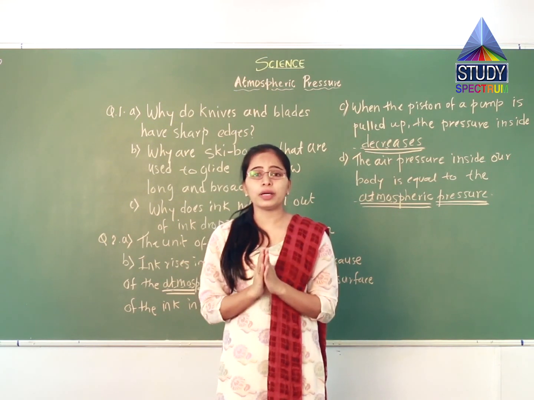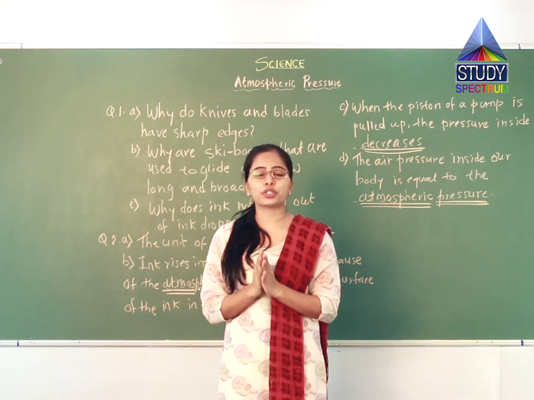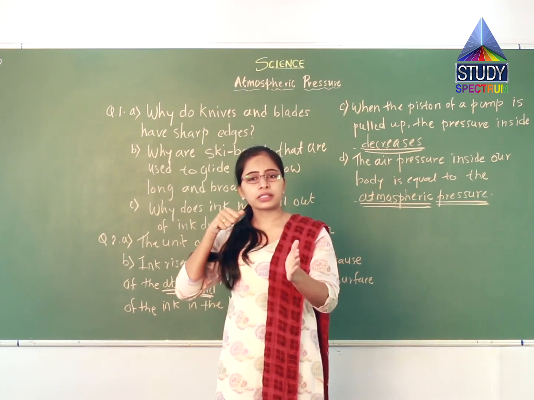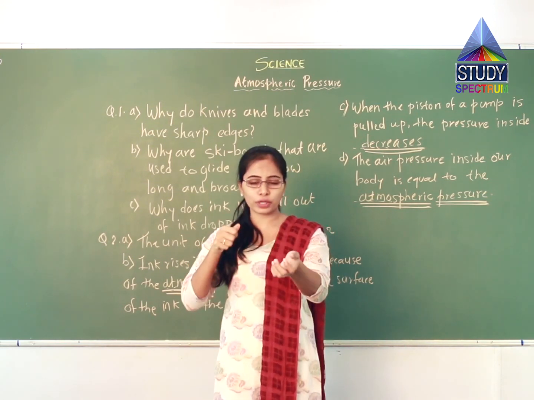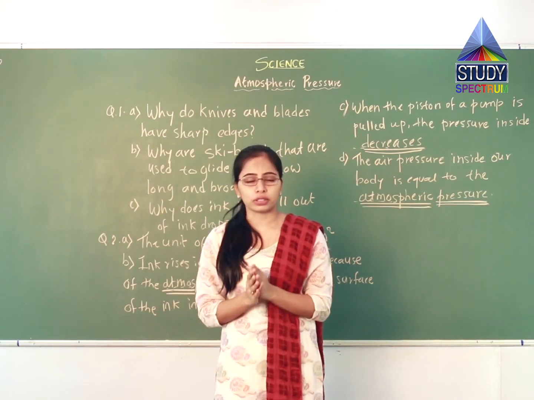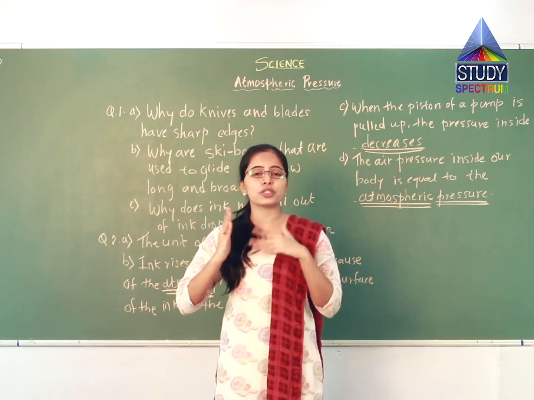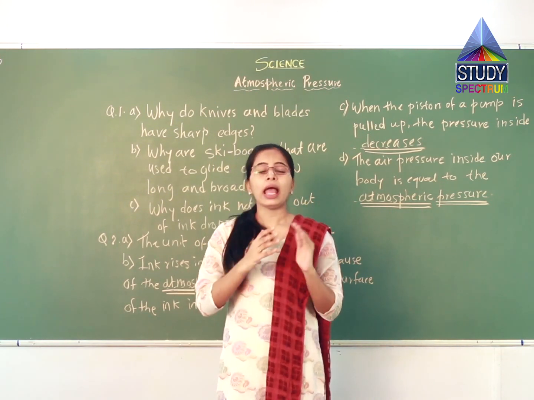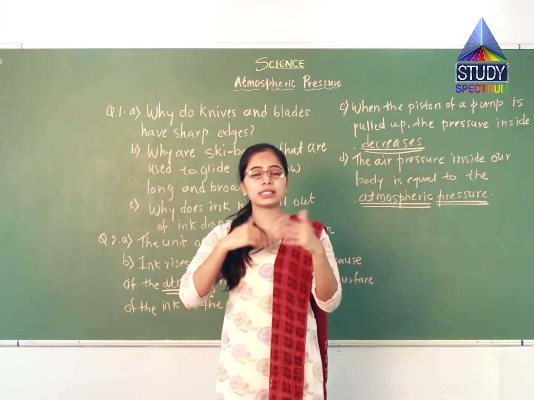In the ink dropper, the bulb is pressed to fill the ink in the pen. In the spray pump, the piston is moved towards the opening, means you can say it is pushed in order to spray the water.